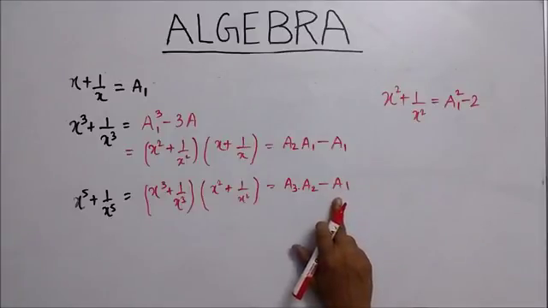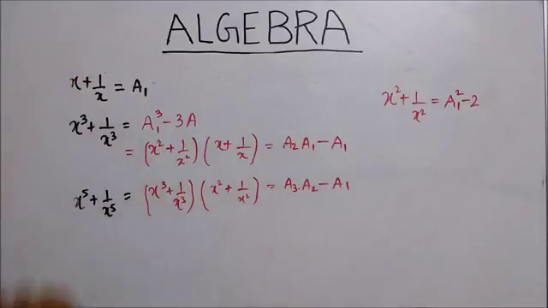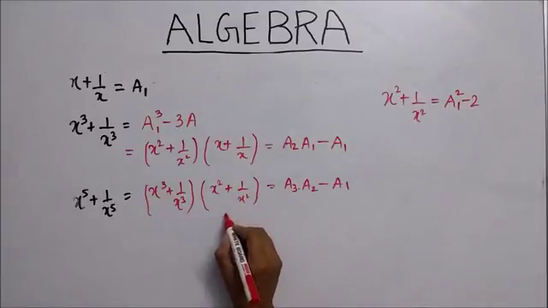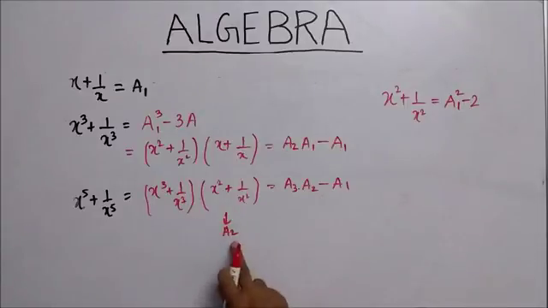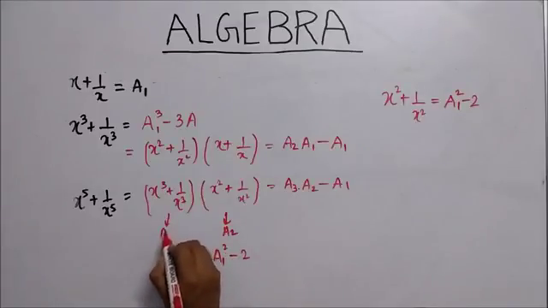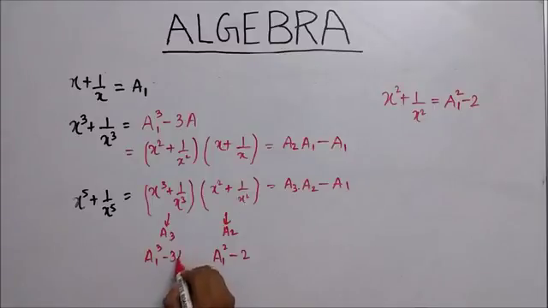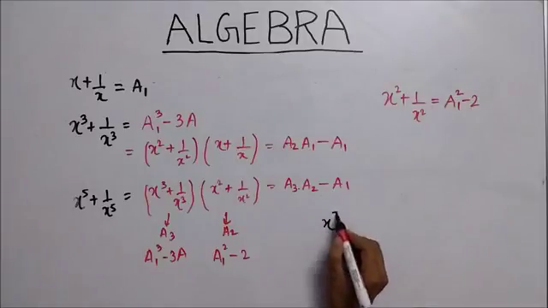Here a1 again is the value of x plus 1 upon x, the value of a2 will be a1 square minus 2, and the value of a3 will be a cube minus 3a.